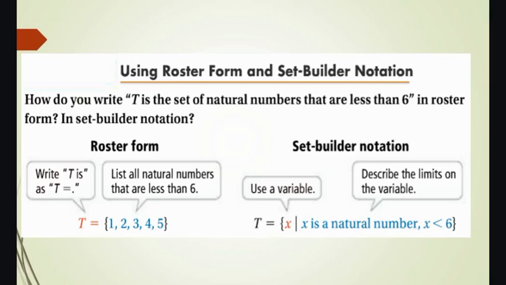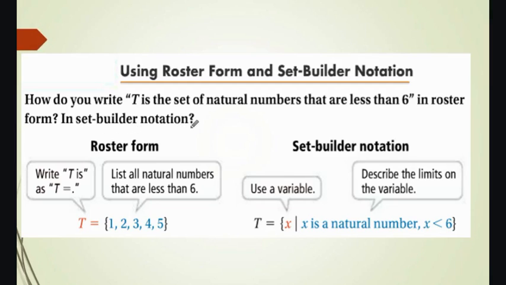We're going to use that information in order to write information using roster form and set builder notation. Here's a really great example that you can pause this video and write down, so you can refer back to it later. We're asked, how do you write T, a set of natural numbers that are less than 6, in roster form and in set builder notation?